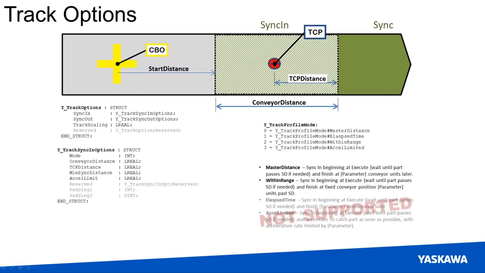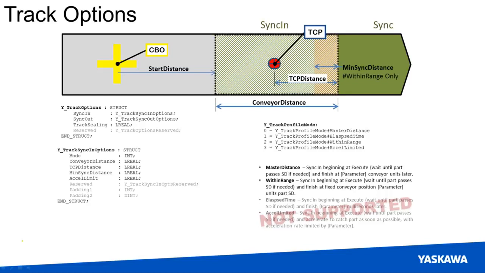We then have to define how far that is from the end of the sync zone with the value TCP distance. So in this particular case, as it's shown on the screen, the conveyor may be moving 10 units and the TCP distance may be 5 units because it's starting in the middle. We're going to talk more about that as we get going as well.